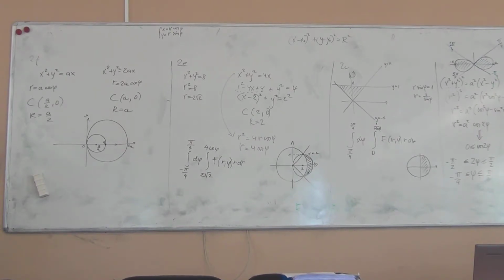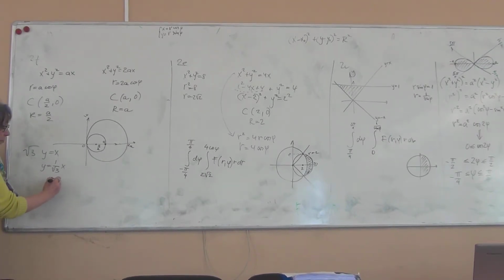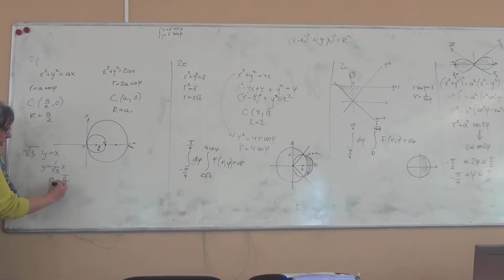Now, let's analyze further. Square root of 3 y equals x means y equals 1 over square root of 3 times x. 1 over root 3 is the tangent of 30 degrees, which means that this line is simply phi equals pi over 6.